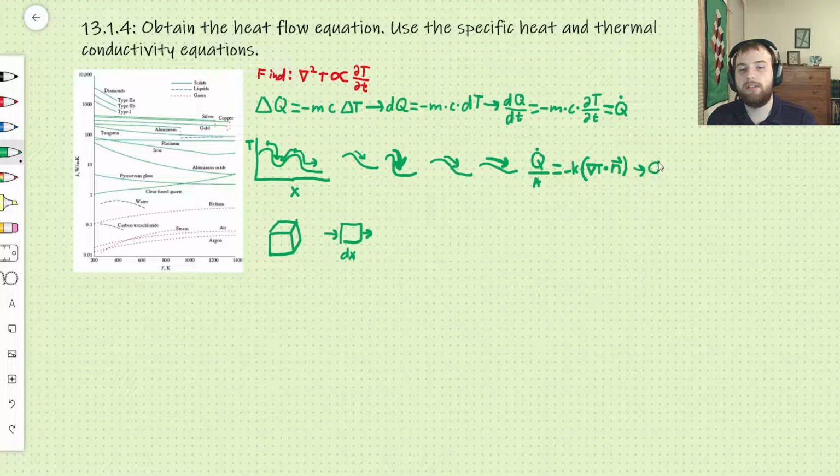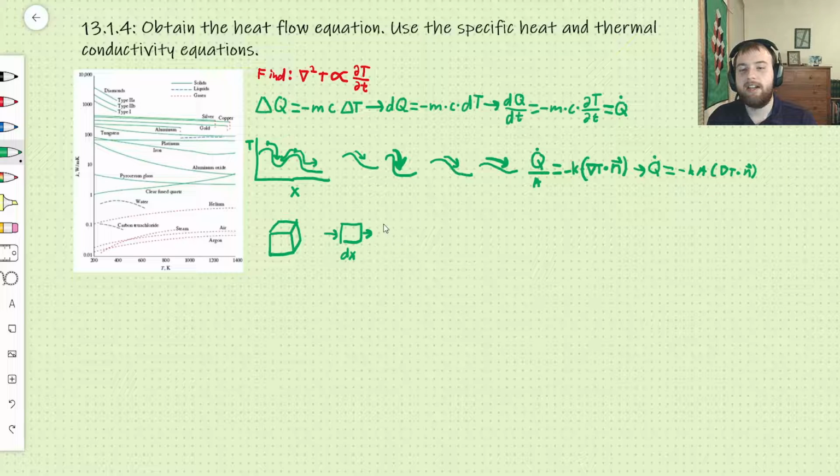Your total Q dot is equal to negative k A. This equation only truly holds when everything is constant, so you have to do an integral if it's not constant.